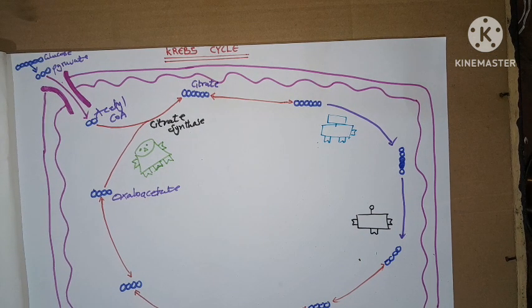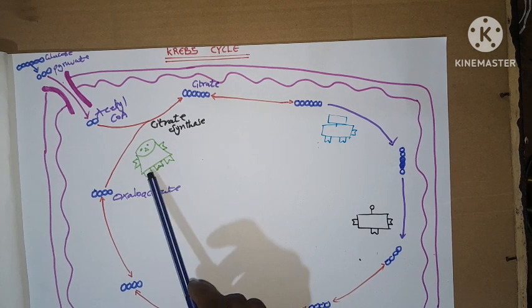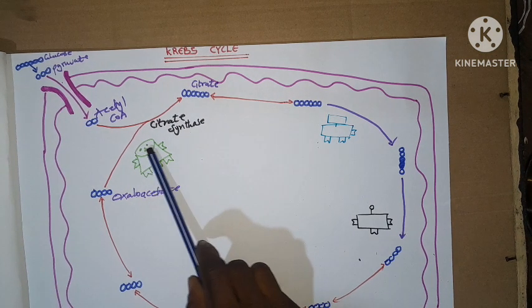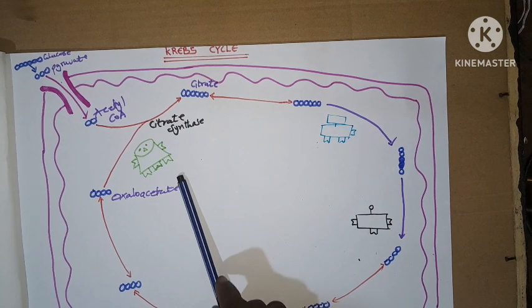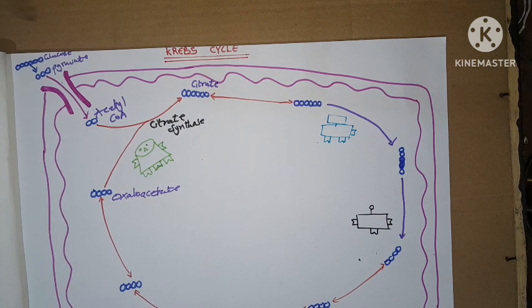And this enzyme is very highly regulated. When we are making a lot of ATPs, that will inhibit this enzyme, because we are already having too much ATP. So when we are making too much ATP, it will inhibit this enzyme.